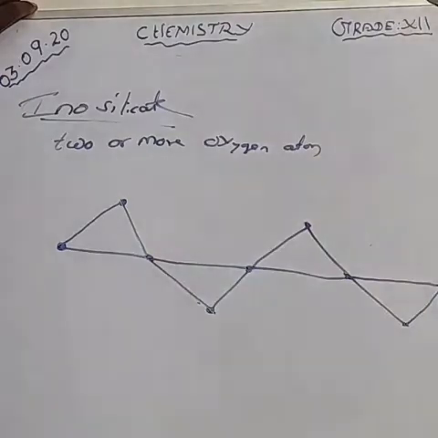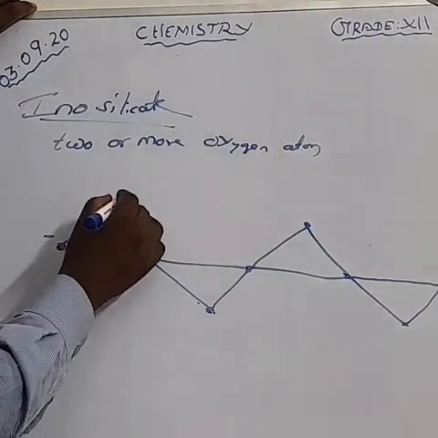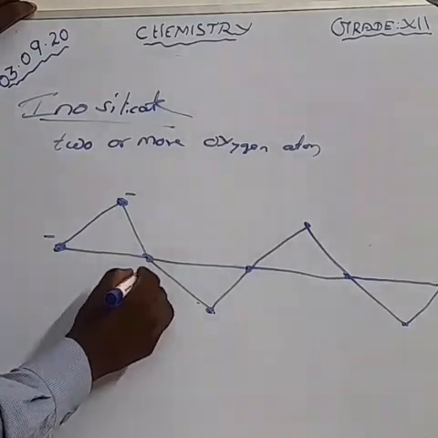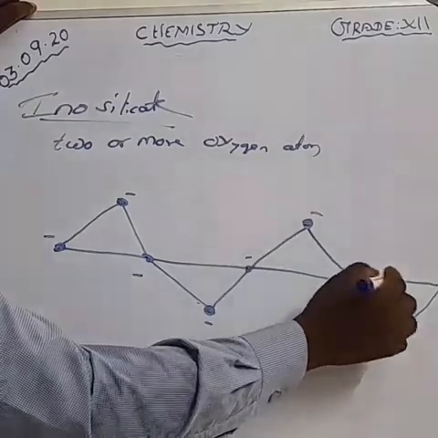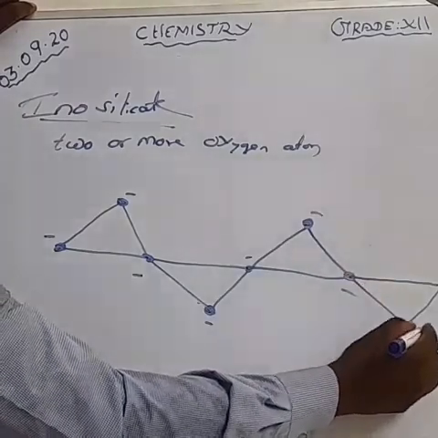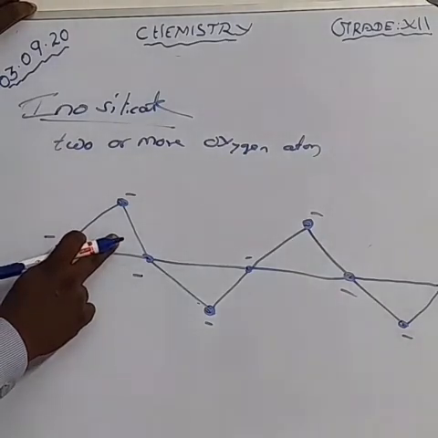And so on. These are oxygen, each with a minus charge. In the center, silicon is surrounded by the oxygens.